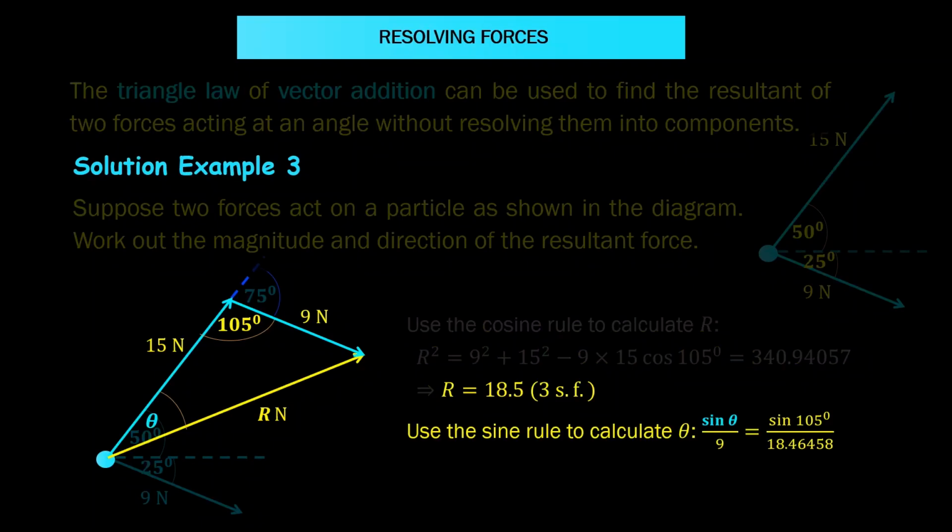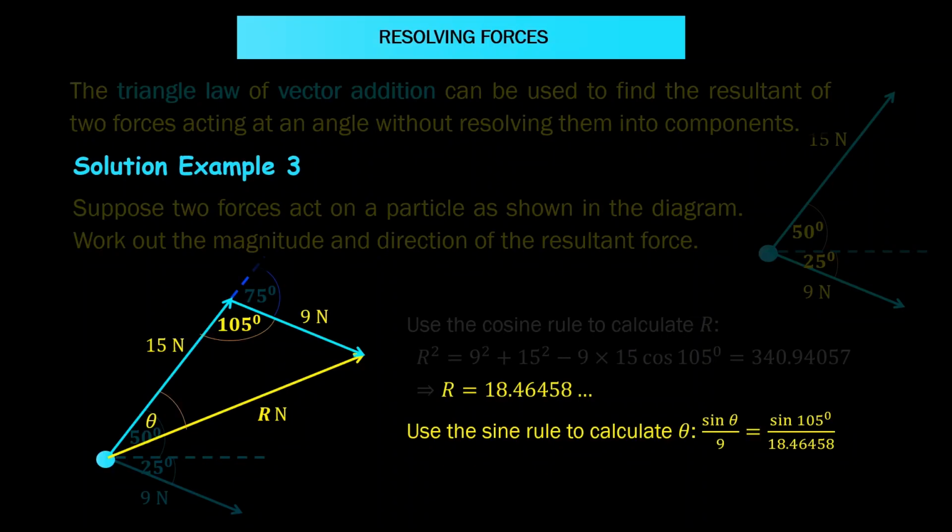We can now use the sine rule to calculate theta. So sine theta divided by 9 equals sine 105 divided by R, and if we use the original value rather than the rounded value, we'll obtain a more accurate answer.